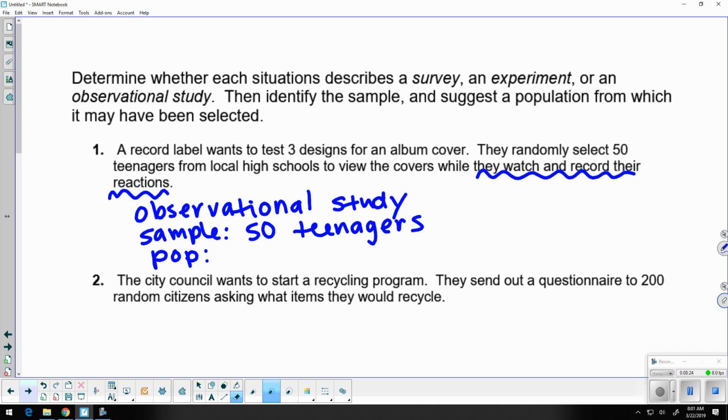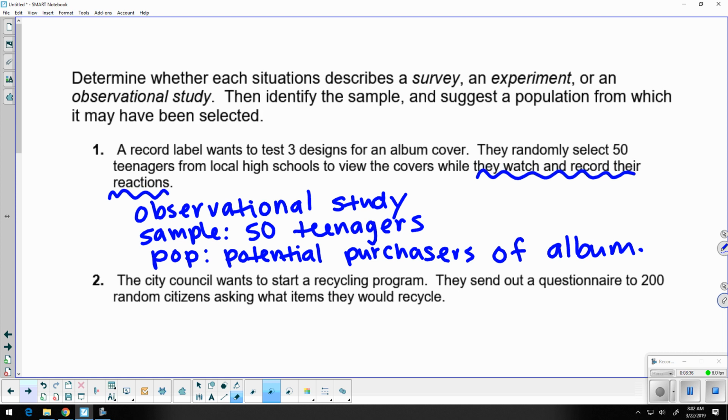But we probably are selecting from potential purchasers of the album. So students who are actually a fan of this group, right, that would actually really care to be a part of something like this and have some type of say. So again, potential purchasers of the album is probably most likely going to be our population.